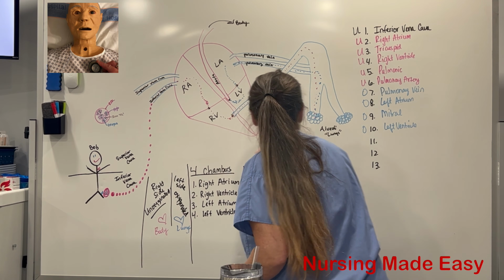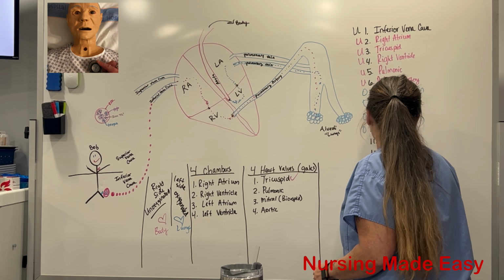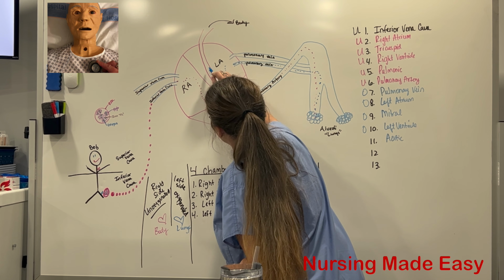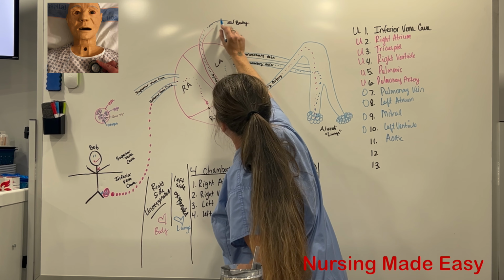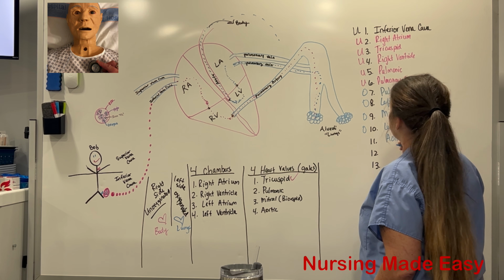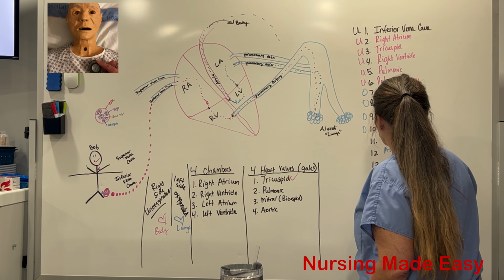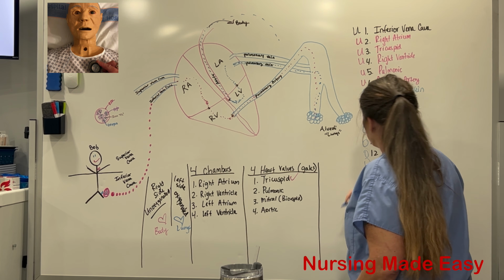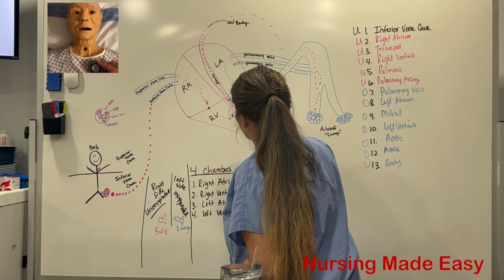We got to get through that heart valve right there, which is the aortic. We are now going to the aorta, through the aorta, and out to the body to do this all over again. Just like that, all over again.